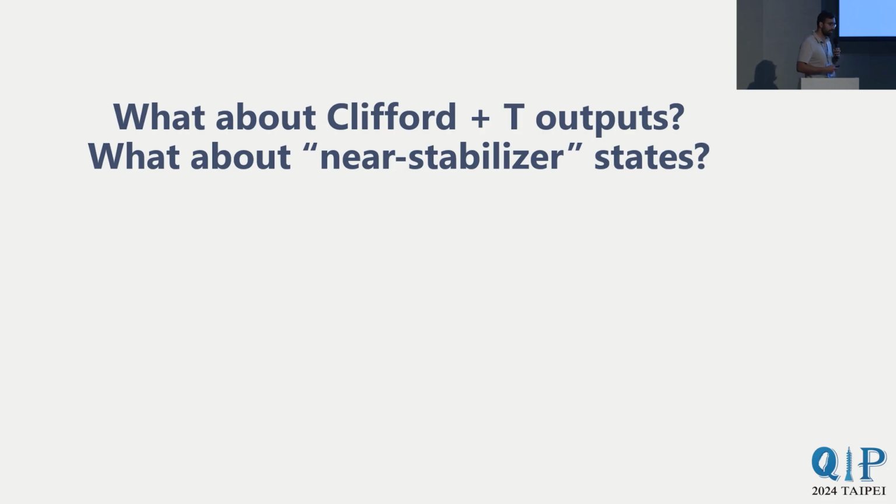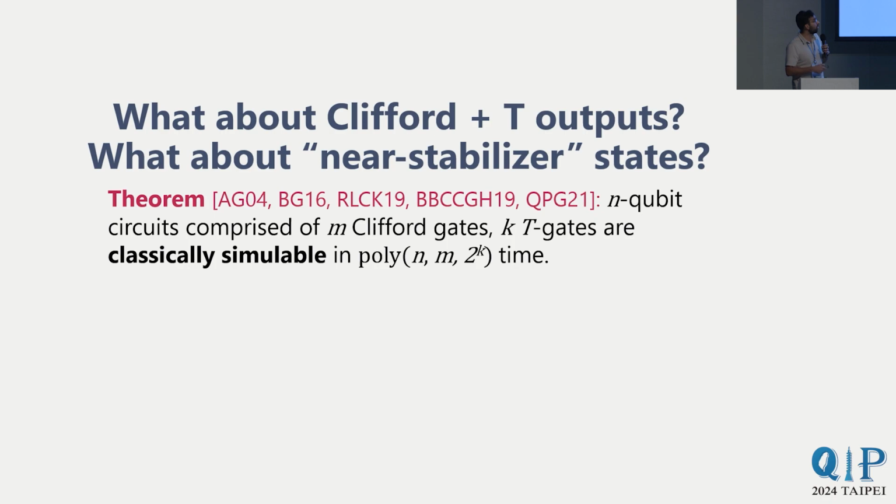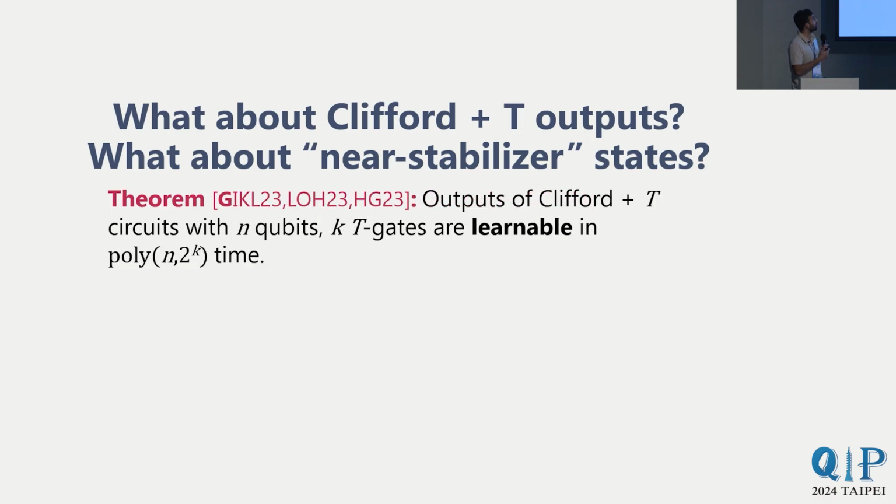The simulation side of this question has been studied thoroughly for the last 20 years. We know that if you have circuits with Clifford gates and T gates, you can simulate these in time that scales polynomially with the number of Clifford gates and the number of qubits, but exponentially in the number of T gates. The learning side of this problem has not seen much progress, and one of the main contributions of our work is to complement this simulation result with a learning result.